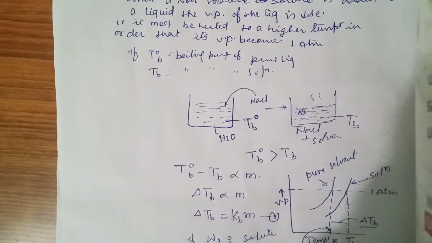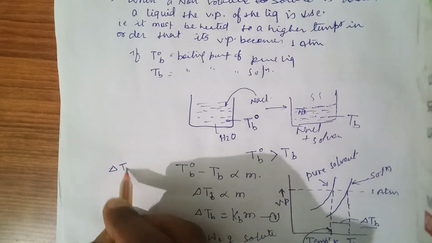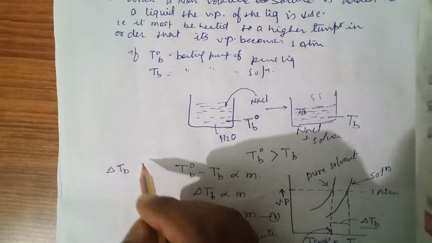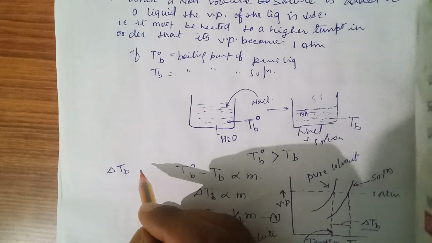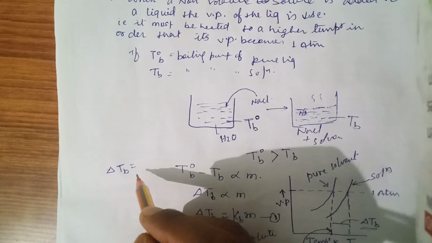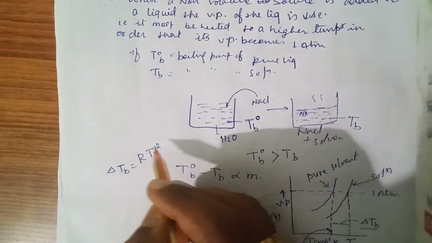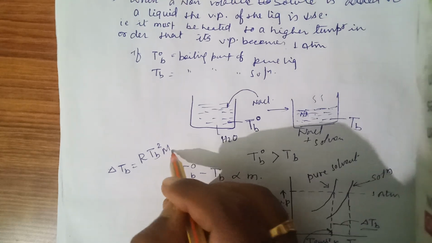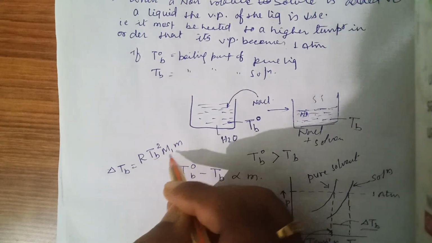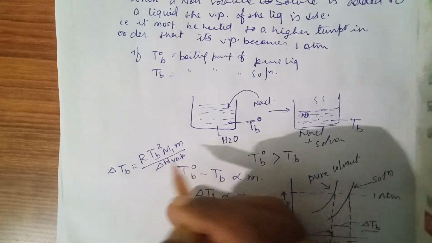Some other things are also there. We can also relate delta Tb with the latent heat, the enthalpy of vaporization, as R Tb square into M1 into small m upon delta H of vaporization, the heat of vaporization.